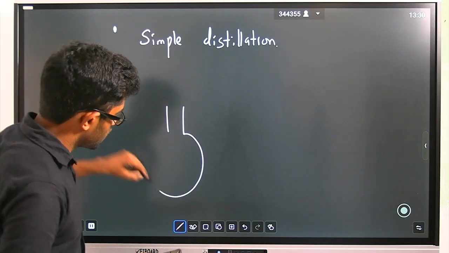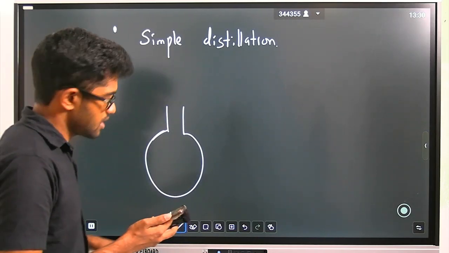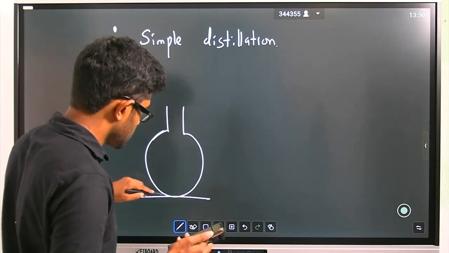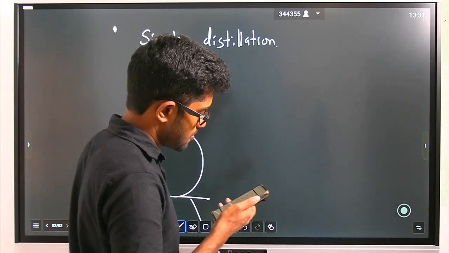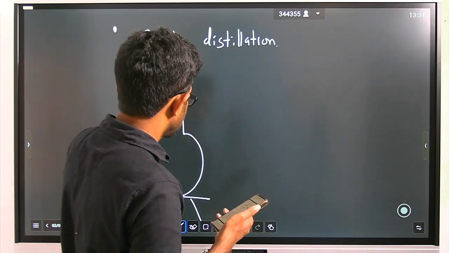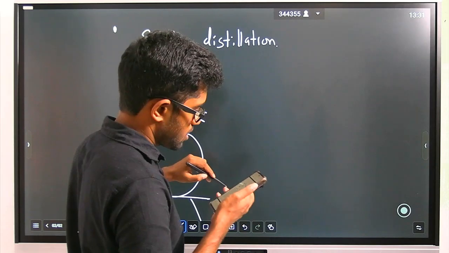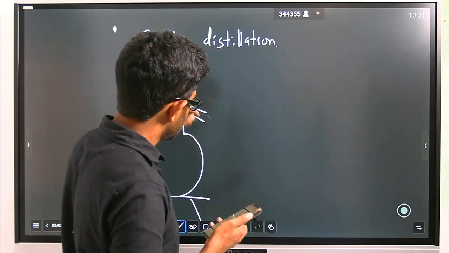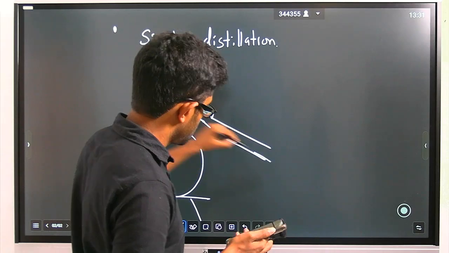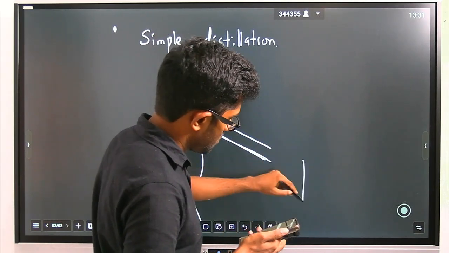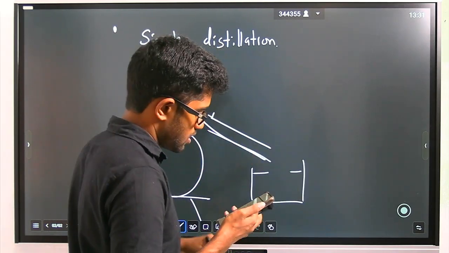You need to know that in a practical environment, the sketches can differ. There can be different sketches for the same experiment, but I'll just draw what is given in your textbook. Here we can connect the Liebig condenser. I'll explain how a Liebig condenser works. Then this Liebig condenser can be connected to a small container.